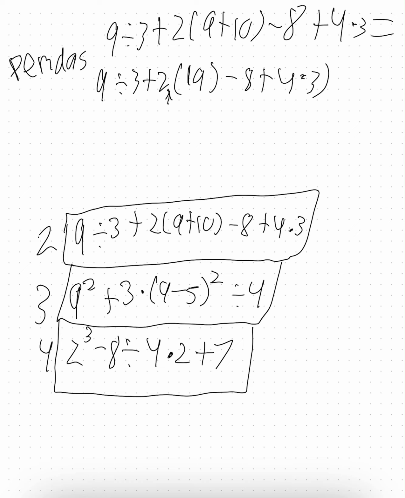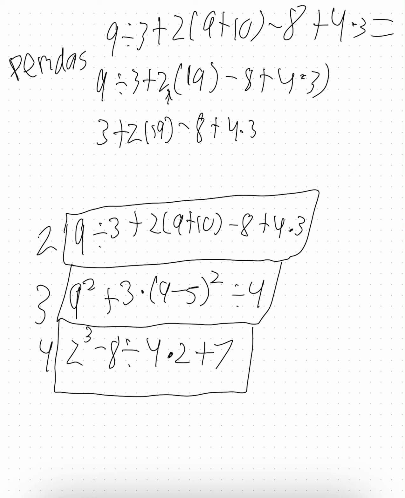Now what is 9 divided by 3? How many times can 3 go into 9? That's 3, right? Now, what is 2 times 19? You might need a calculator for this one.